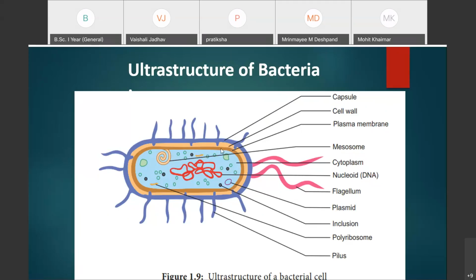Then just below the cell wall, there is the plasma membrane. It is the innermost layer. It is also referred to as the cytoplasmic membrane.